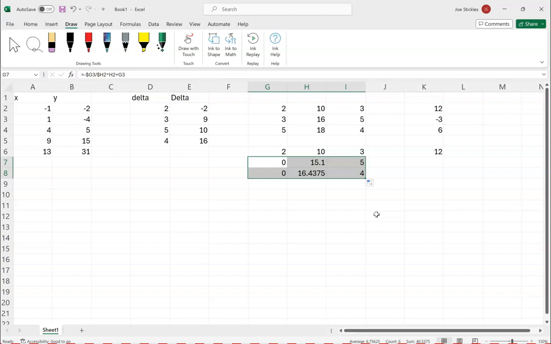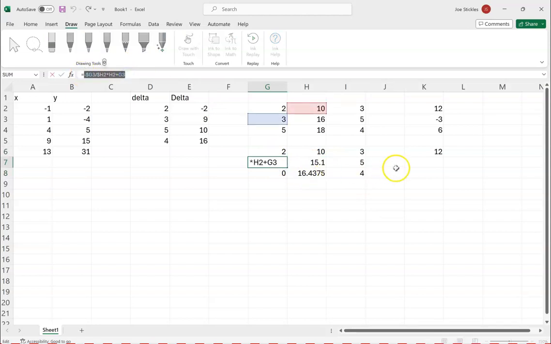Is this okay? Now again, this last one here, I've got to keep everything in the same column, right? So if I go back up here and just grab the text, I still want the G3 over the H2, right?